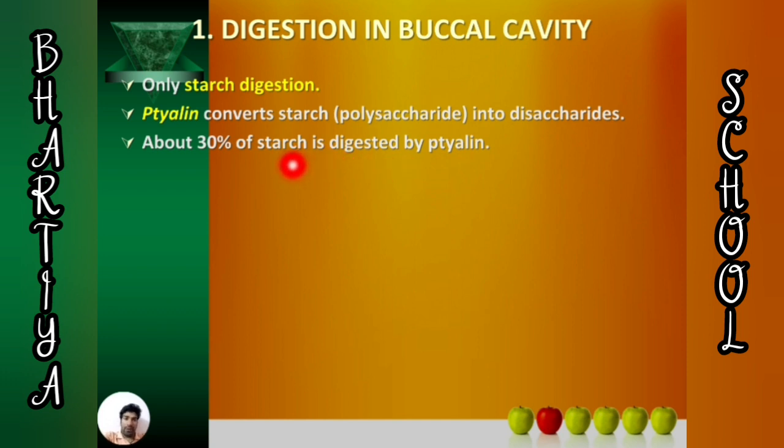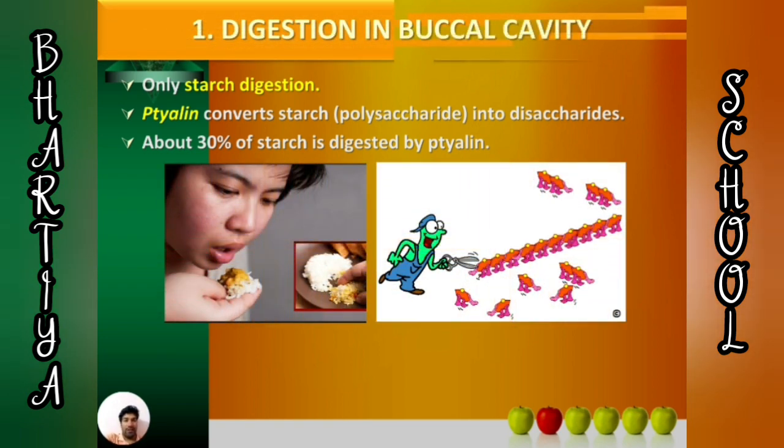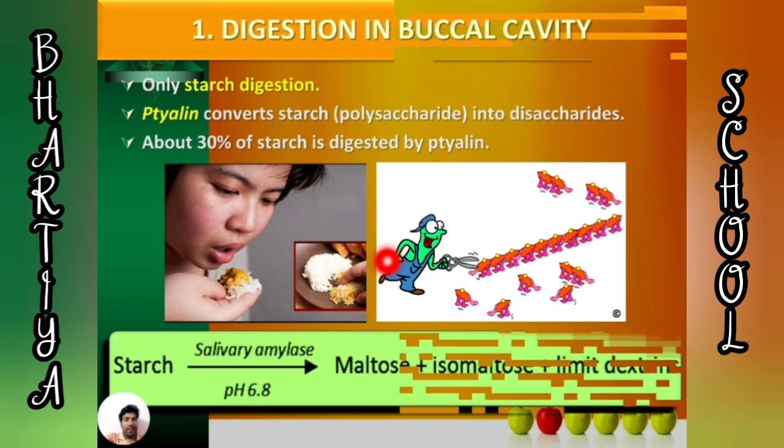About 30% of starch digestion is completed by the ptyalin enzyme in the buccal cavity. The food we ingest contains carbohydrates, and here we can see our enzyme ptyalin and the long chain, which is a polysaccharide. How is a polysaccharide formed?